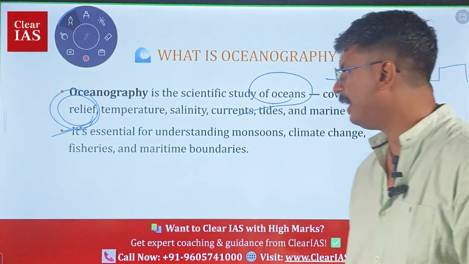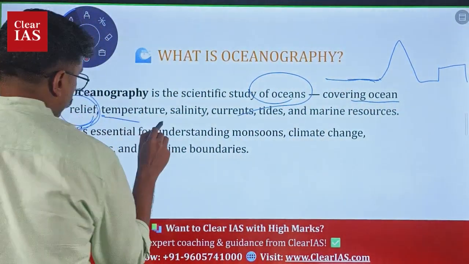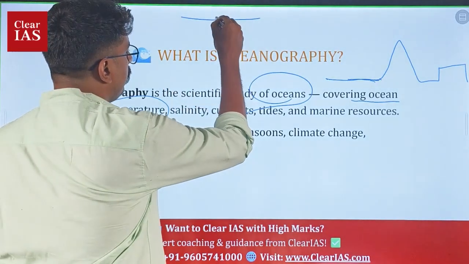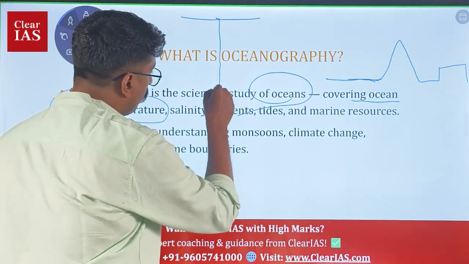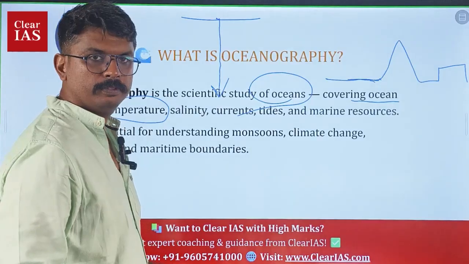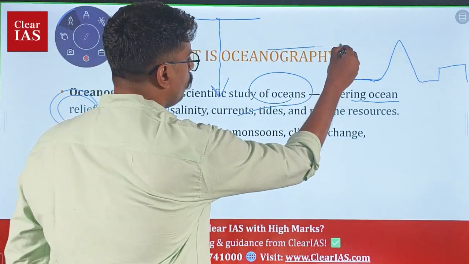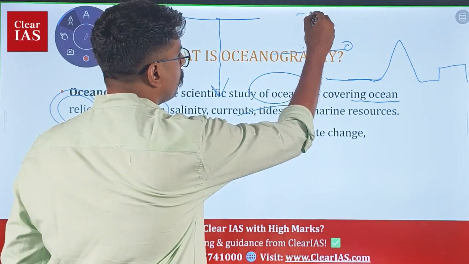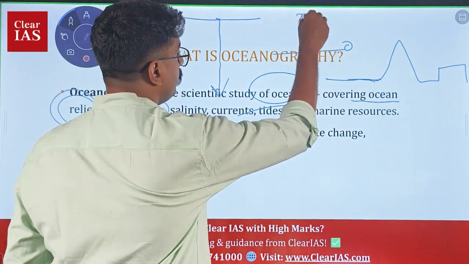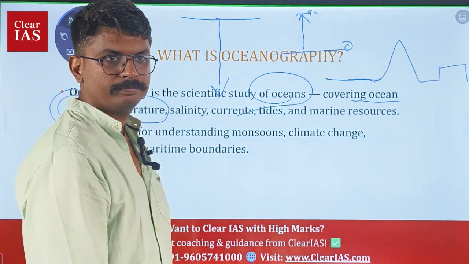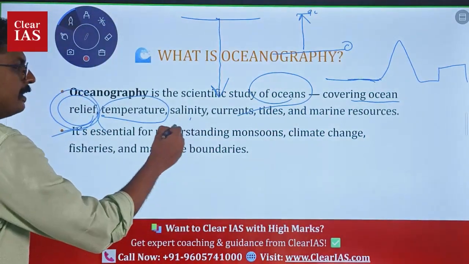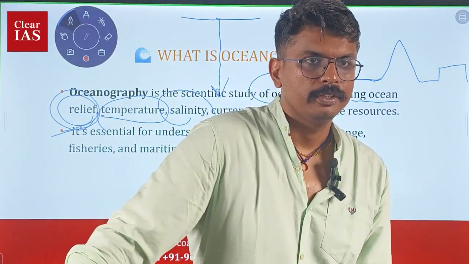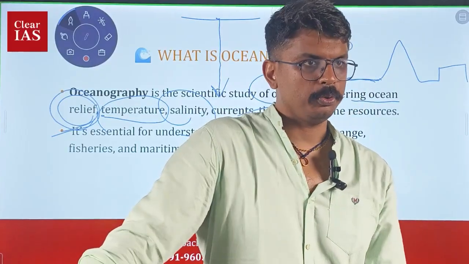Okay. Second, temperature of the ocean. How the ocean temperature varies as I move from the surface to the bottom, and how it varies if I move from the equator to the poles on the surface. Then we'll study salinity. What is salinity? Salt content in the ocean.